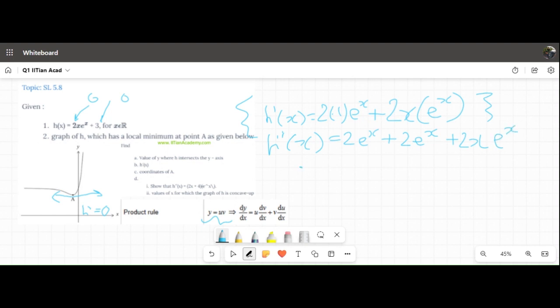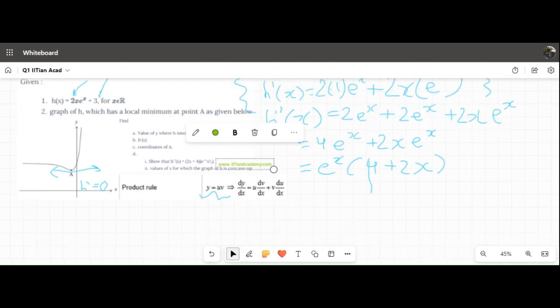And then we can collect like terms so that our equation becomes 4 times e to the power of x plus 2x times e to the power of x. We can then factor out e to the power of x, and it will be multiplied by 4 plus 2x. And if we look back at our question, we can see that these two terms match.